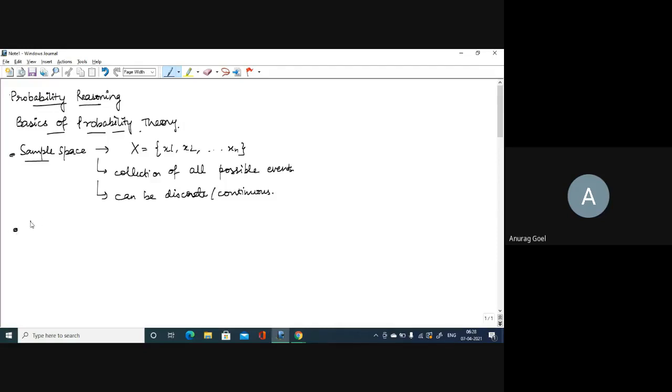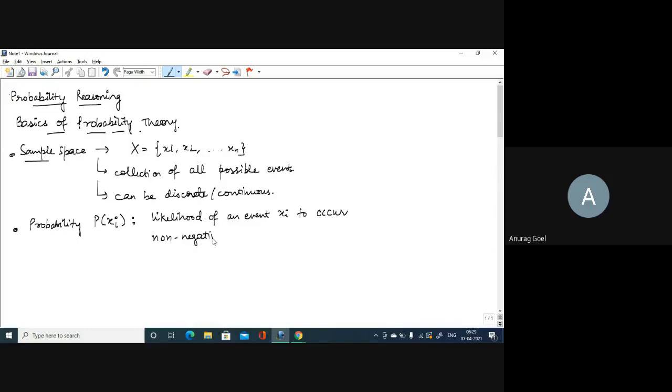So now what is the probability? When we say P of xi, what does this refer to? It is basically the likelihood of an event xi to occur. Okay, and it's a non-negative value.